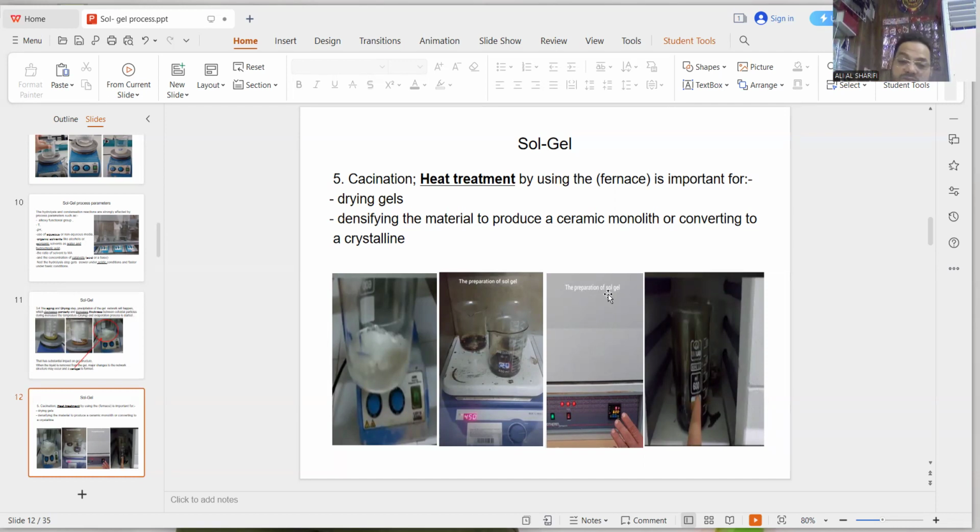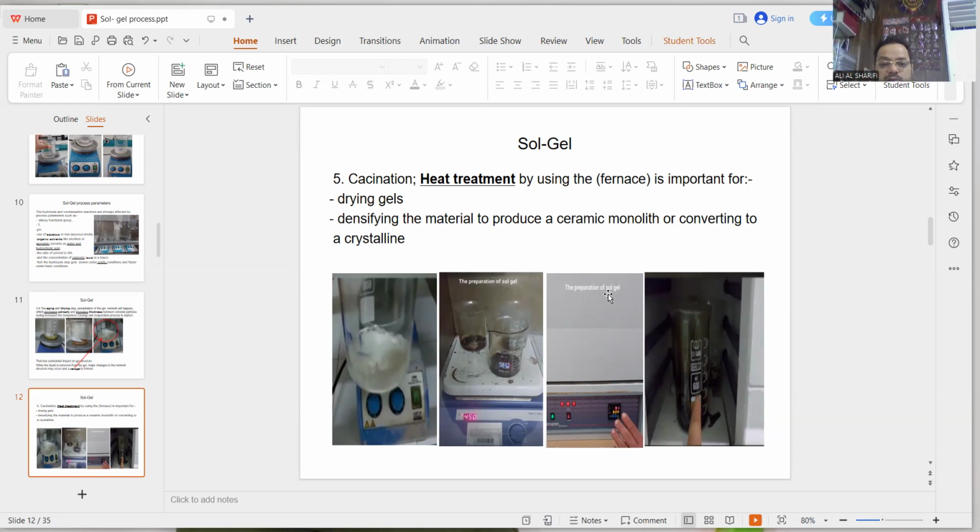Now let me come back to this slide. Calcination means heat treatment, increasing temperature. Using the furnace is important for drying gels. Drying gels from what? From the agents, citric acid and ethylene glycol.